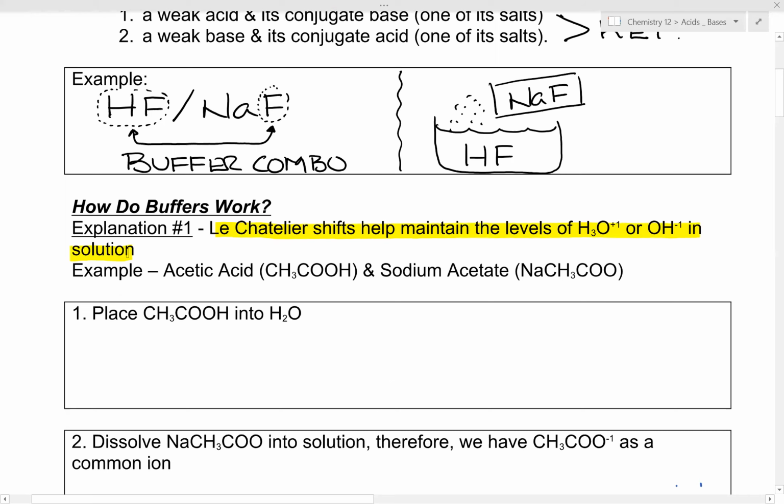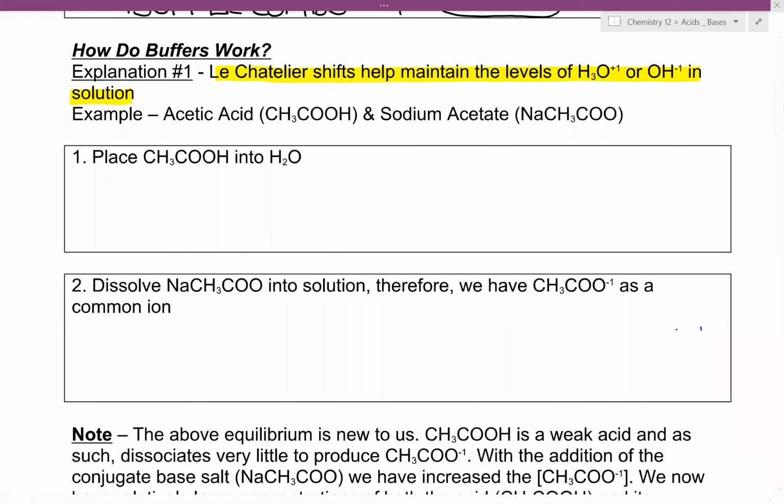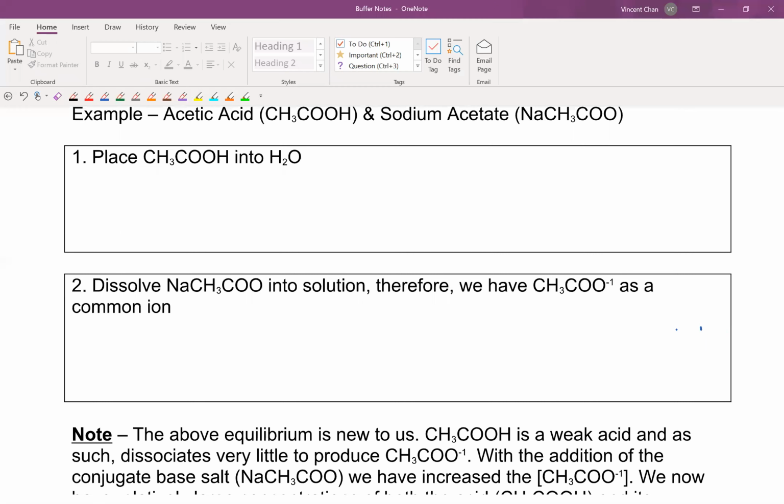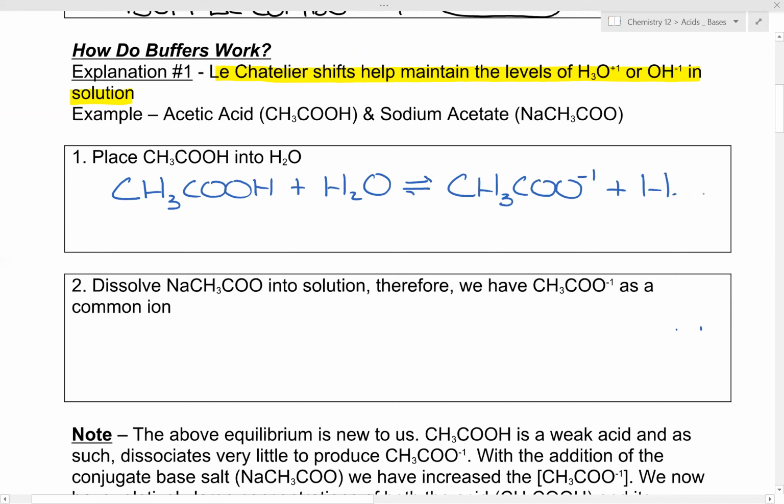Now, let's say, for example, acetic acid and sodium acetate. When we put acetic acid, which is a weak acid, in water, it is in equilibrium: we have CH3COO minus and H3O plus.